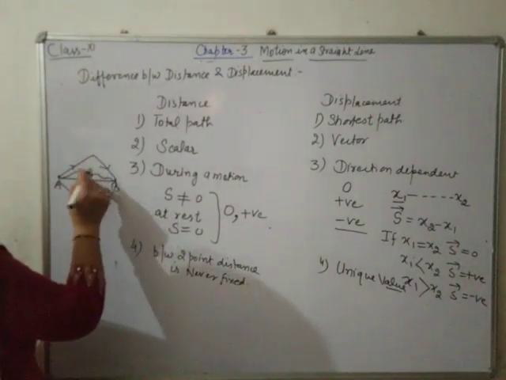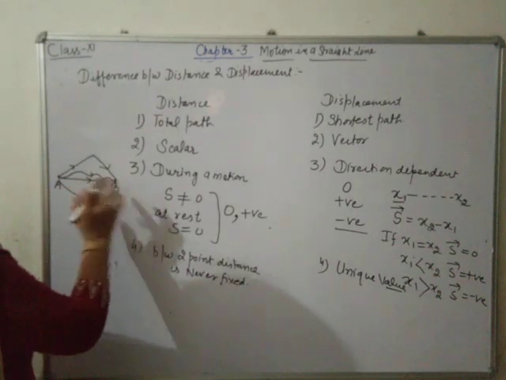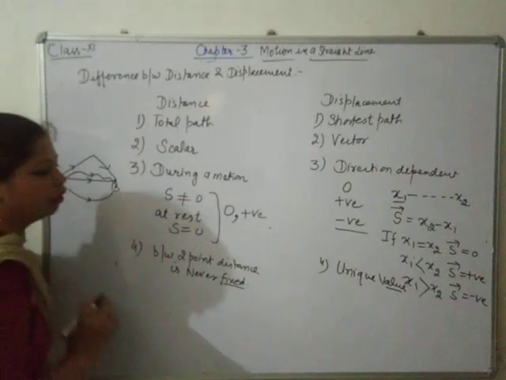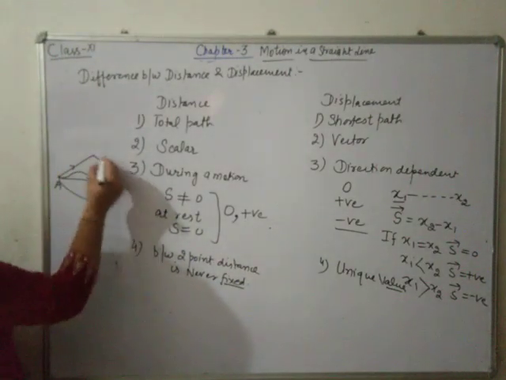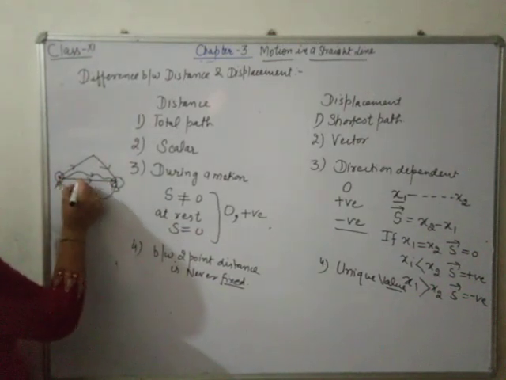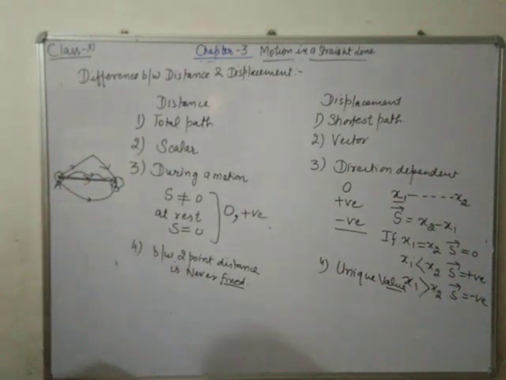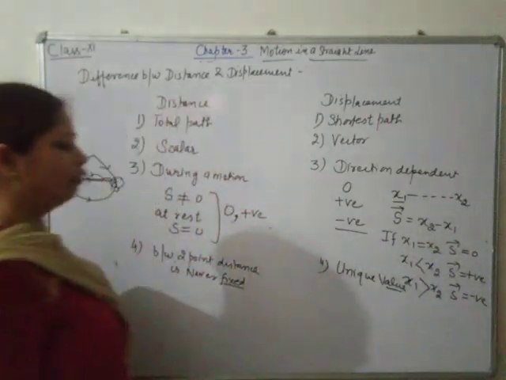This is distance if it covers in this way, this way. Distance is never fixed, it does not have a unique value, but in each and every situation the displacement is a straight line from initial to final position. That is displacement. So displacement is always a unique value.